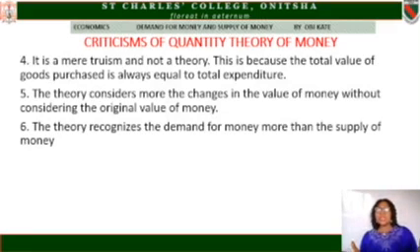This is because the total value of goods purchased is always equal to the total expenditure. Five, the theory considers more changes in the value of money without considering the original value of money. And finally, the theory recognizes demand for money more than supply of money.